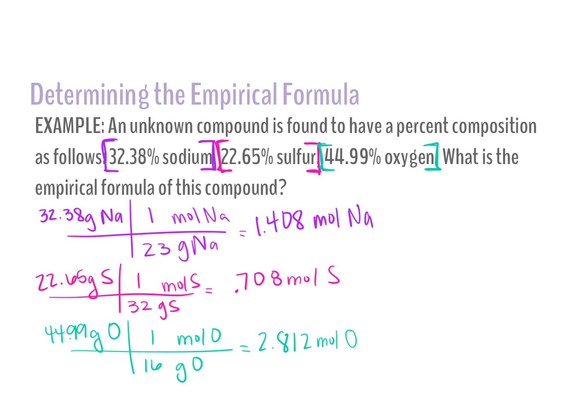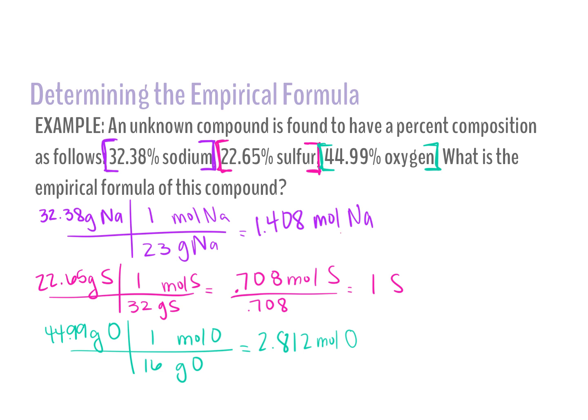So which of the elements is our smallest number of moles? Sulfur. So I need to divide all of them by sulfur's moles. So that means I'm always going to divide something by itself, right? So I take this divided by 0.708, and that tells me that I need one sulfur atom.